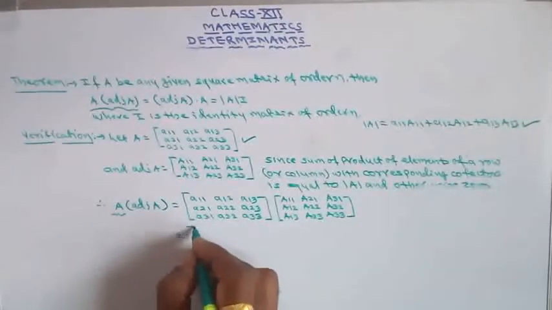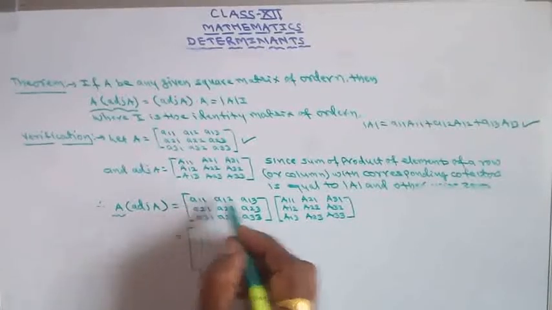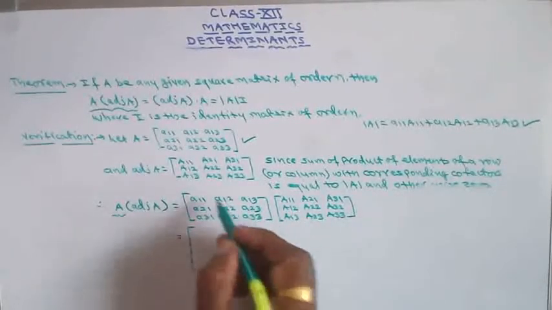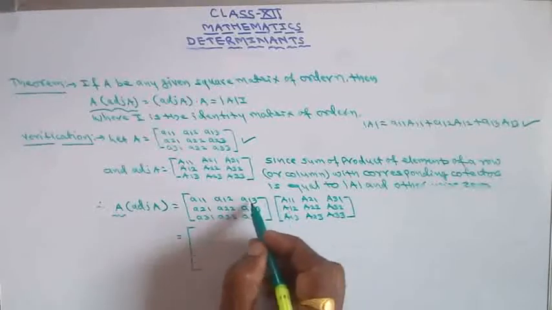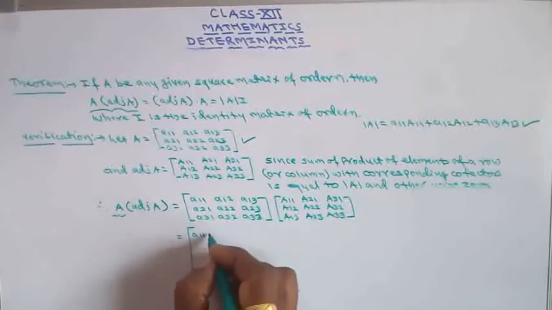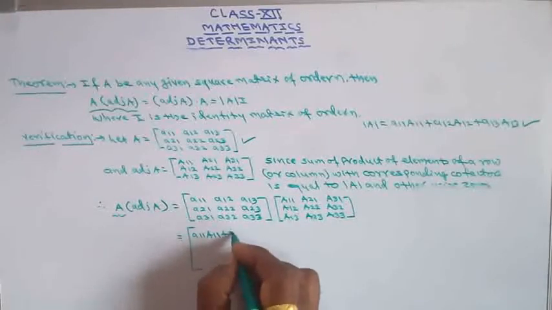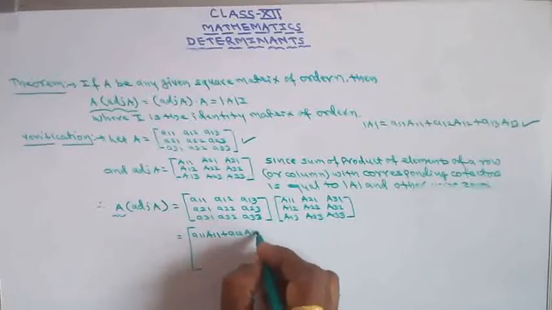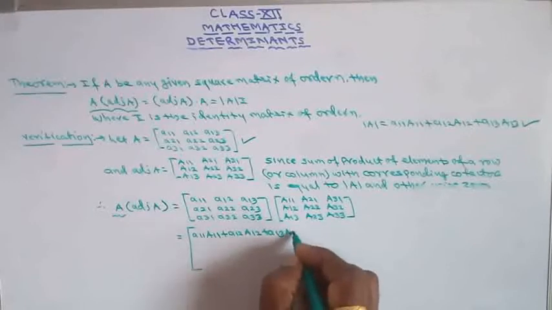If you take the product here, the first element will be, taking the multiplication of two matrices, a11 into capital A11, a12 into capital A12, a13 into capital A13. It will be a11 capital A11 plus a12 capital A12 plus a13 capital A13.